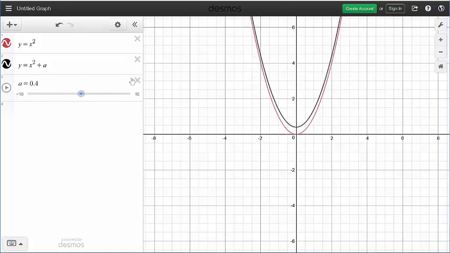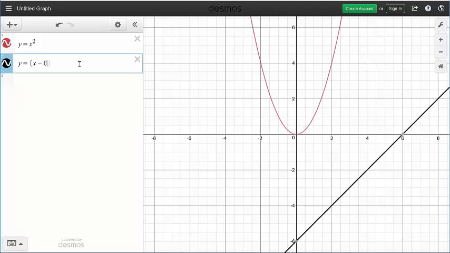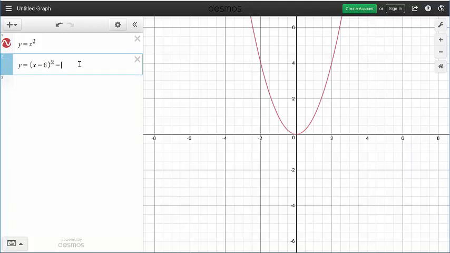Okay. All right, so let's look at the one that we have now. I'm just going to leave the x squared graph there, and let's graph (x minus 6) quantity squared minus 4. Okay, so that's a graph that's been shifted over 6 units to the right and down 4. And so that's what we want to say about what's happened to x squared here. It's shifted to the right 6 units and down 4 units. So we're combining the transformations at this point.